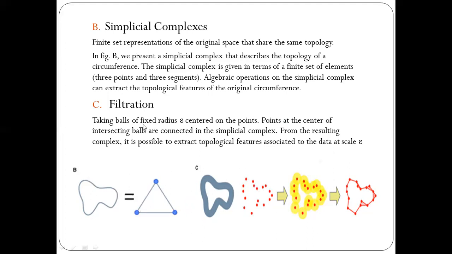If we take balls of fixed radius epsilon centered on the points, the centers of the intersecting balls are connected in the simplicial complex. From the resulting complex, it is possible to extract topological features associated to the data at scale epsilon.